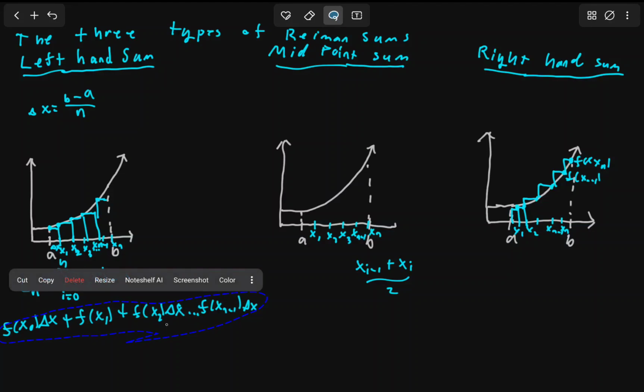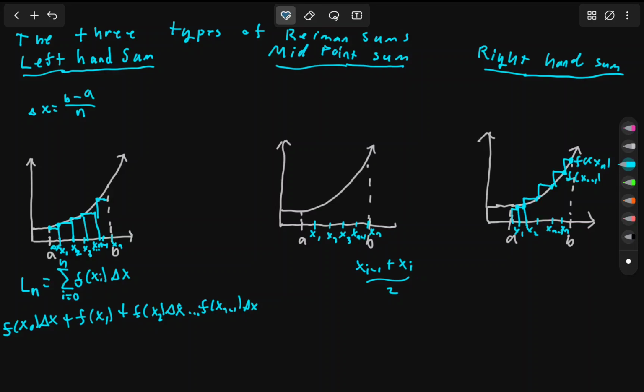Alrighty. Well, now let's talk about the right-hand sum. Again, kind of skipping over the midpoint sum a little. But what it's going to look like here is we're going to say the right-hand sum with n rectangles is equal to the sum from i is equal to 1, because we're starting with this first x.